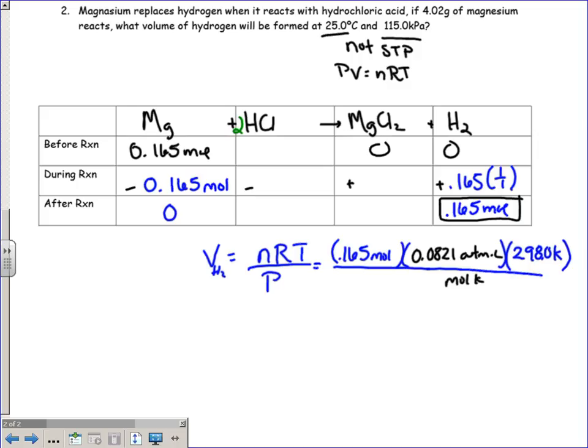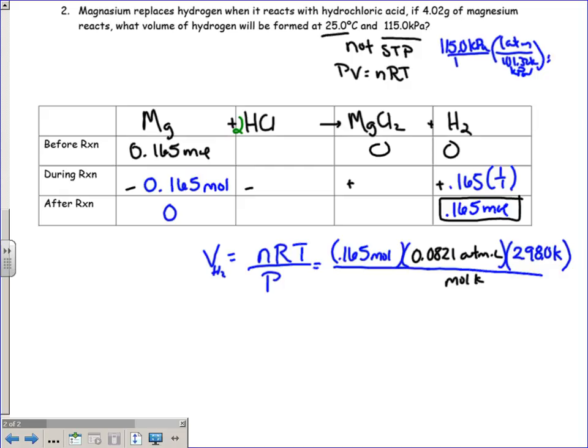And then the pressure is in kilopascals. We're going to have to convert that to atmospheres. So 115.0 kilopascals. And 1 atmosphere is 101.325 kilopascals. Oops.